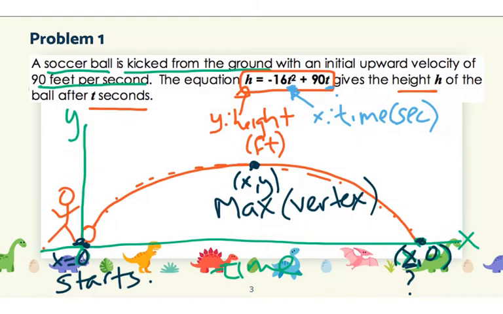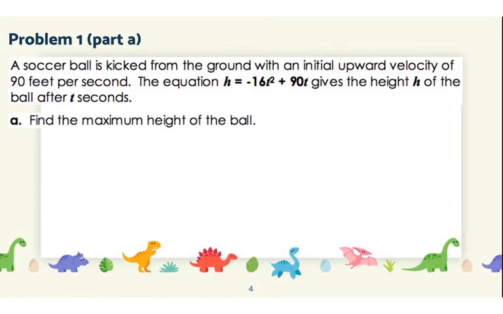Now let's see, what do they want? I've done all of this without even thinking about what the question is that they're asking. Same question. Oh, they want the maximum height of the ball.